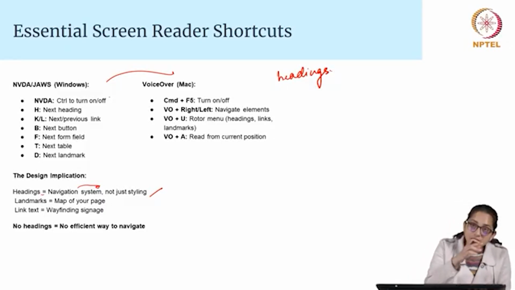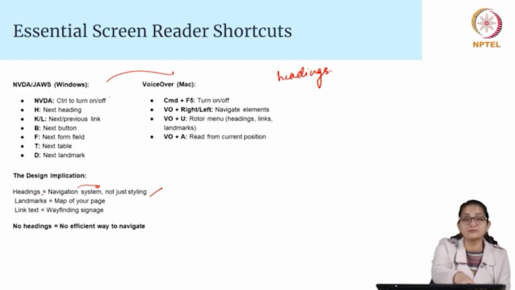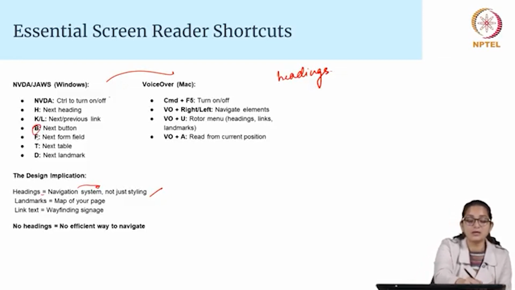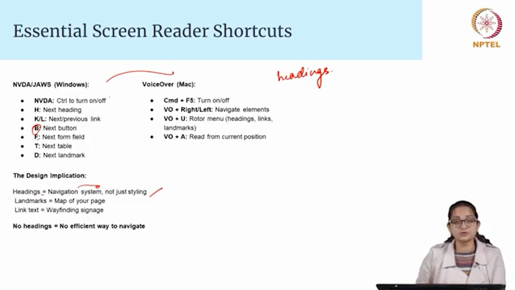Then make sure that you add landmarks and a map of your page. The overall architecture should be mapped out keeping all of this in mind. Say, if I keep pressing B again and again, the screen reader is able to jump from one button to another. For that, the labeling has to be in the code itself.